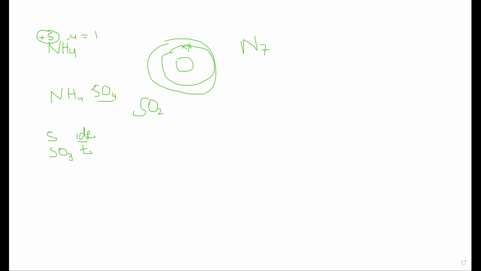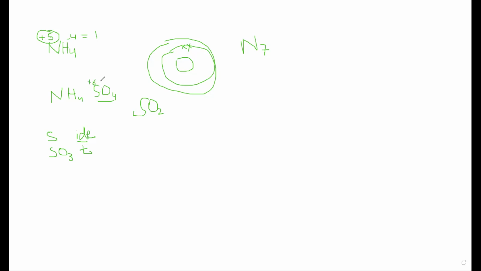So are we going to consider the negative valency of sulfur or the positive one? I think it will be the positive one because oxygen is more electronegative. Exactly. So what would be the positive valency of sulfur? Positive 6.